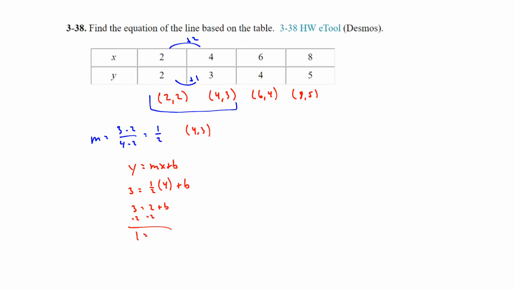Subtract 2 from both sides, you get b equals 1. So now you have the 2 things that you need, slope and the y-intercept. So your equation is y equals 1/2 x plus 1. And that's how you write the equation of a line given 2 points, or given, in this case, multiple points on a table.